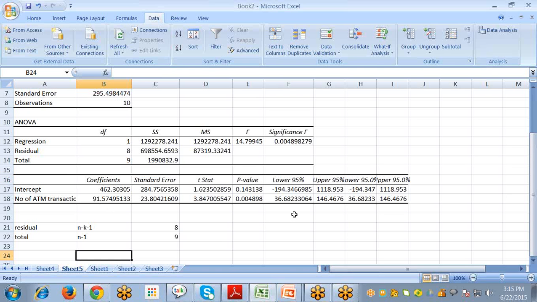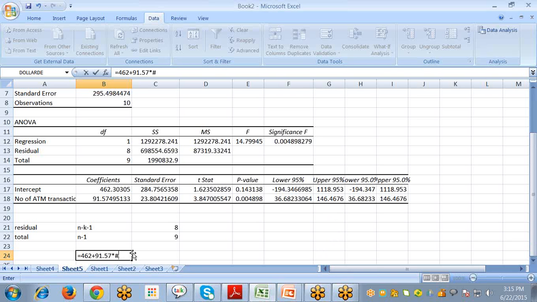So it says that the account balance will be 462 plus 91.57 times the number of transactions that have been done.